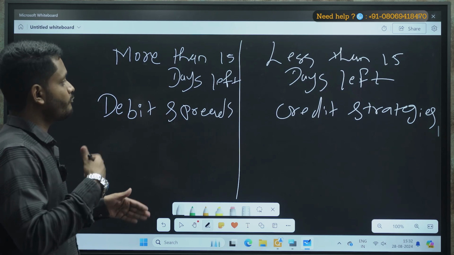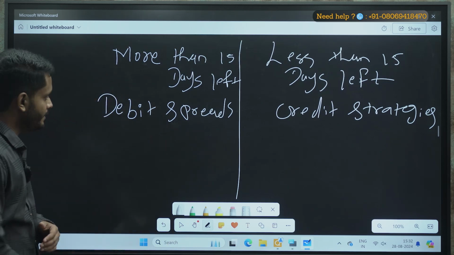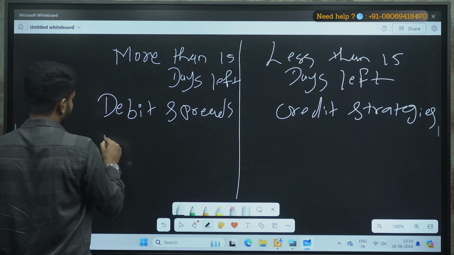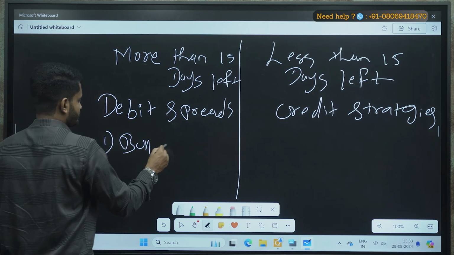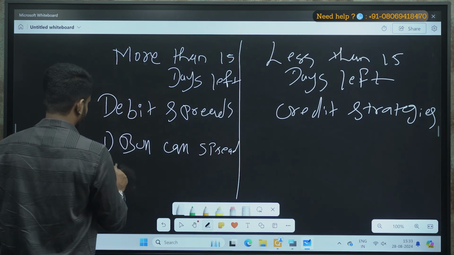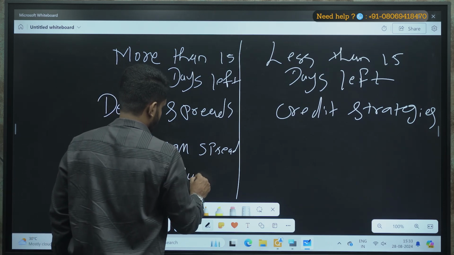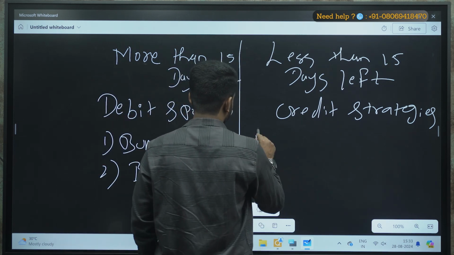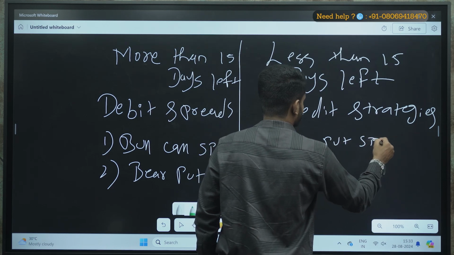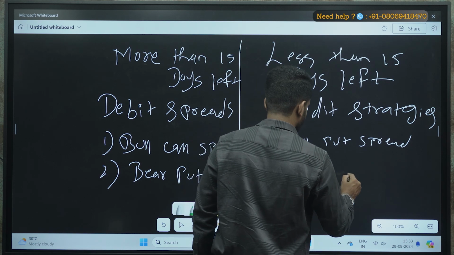I won't explain debit and credit again. In debit spreads, for example, if you are bullish, you can go with a bull call spread, and if you are bearish, you can go with a bear put. Similarly, in credit strategies, if you are bullish, you can go with a bull put spread, and if you are bearish, you can go with a bear call.